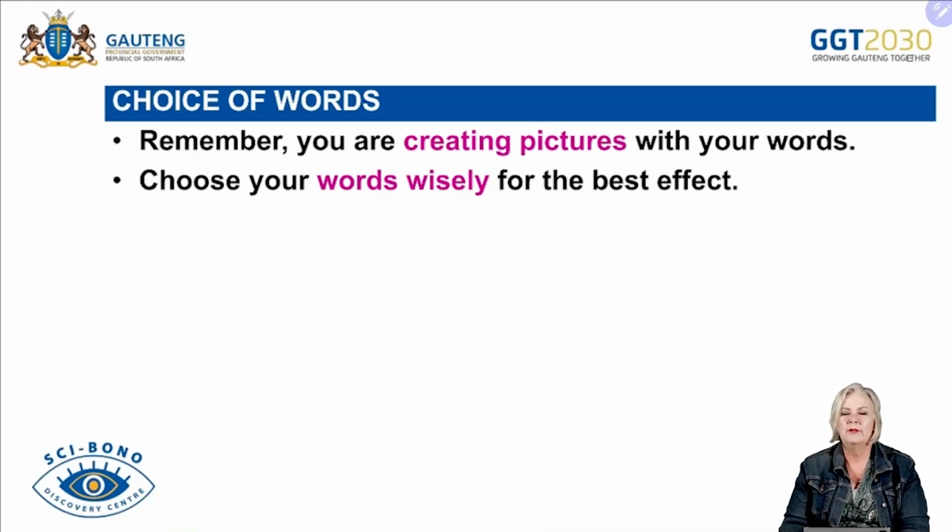It's very important that you use words that actually link to your ideas and that creates that picture, rather than saying a boy walked into the room. You want to show how he walks into the room. So you might want to say, he storms into the room.